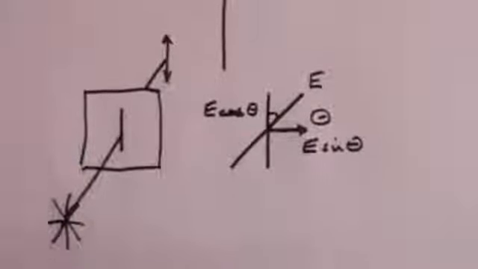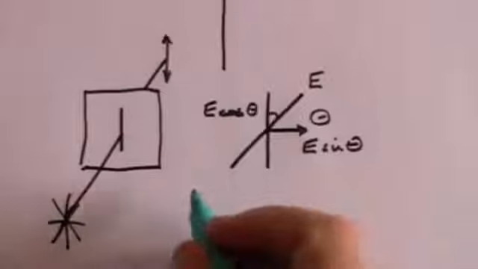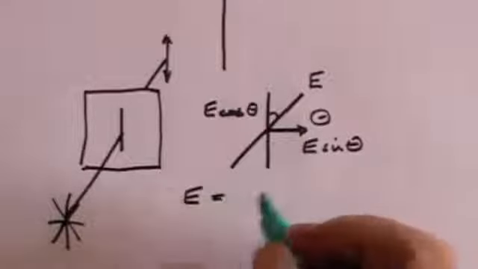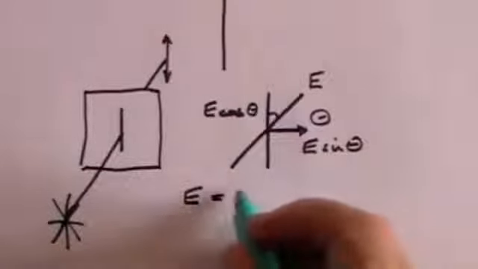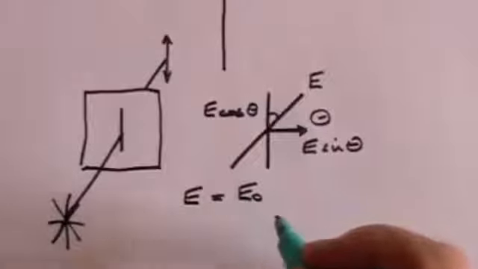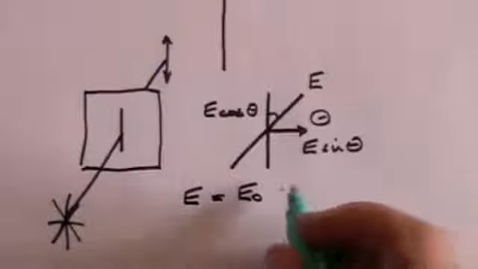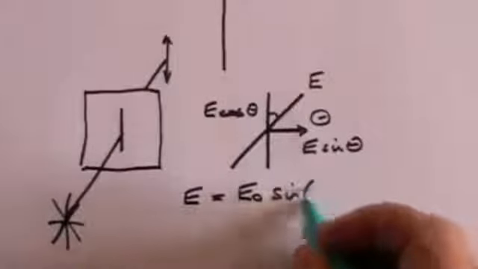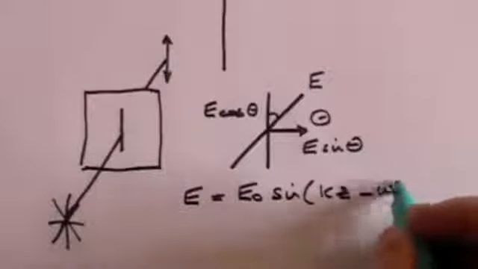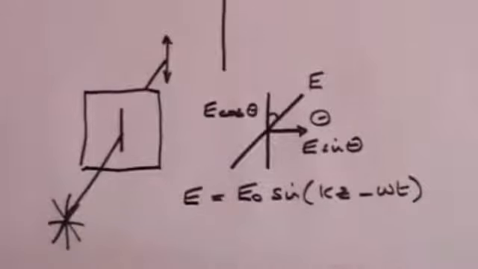Now in the video What is Light, we said that you can represent the E field as an oscillating field, and we did that with a sine wave. So we said that was E naught, that's the maximum amplitude of the wave, times the sine of kz minus omega t.